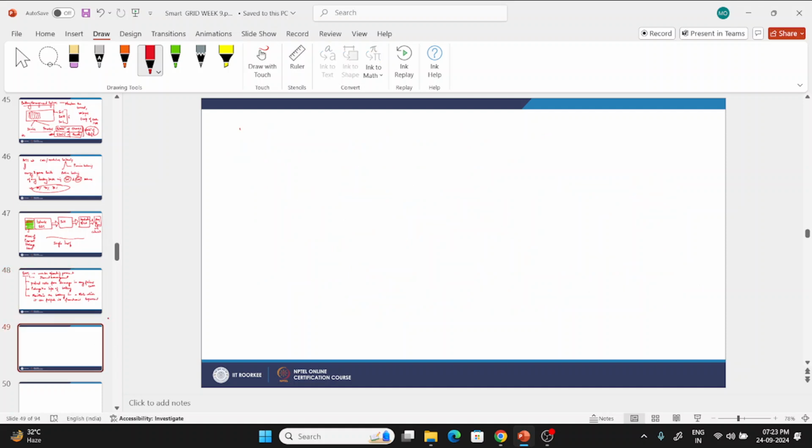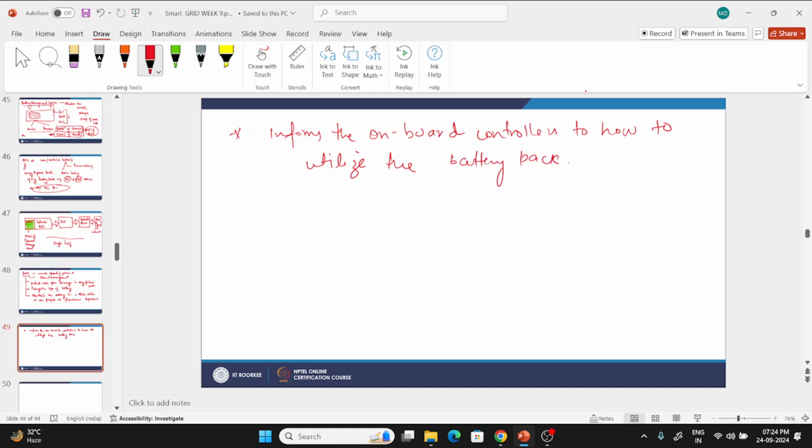It also informs the onboard controller how to utilize the battery pack, like what the power limits are, all those.